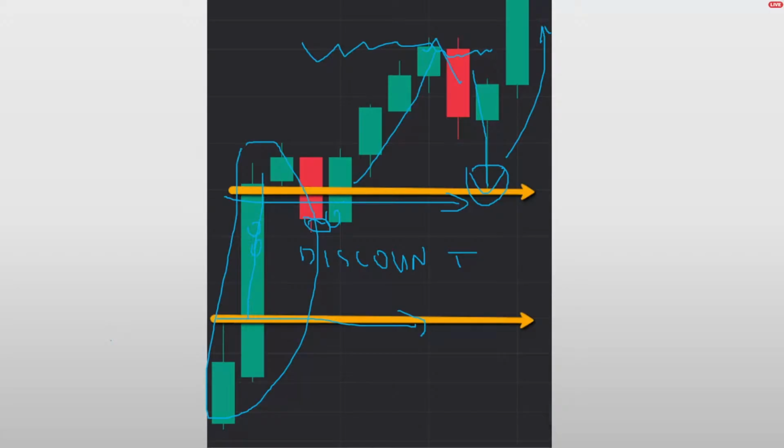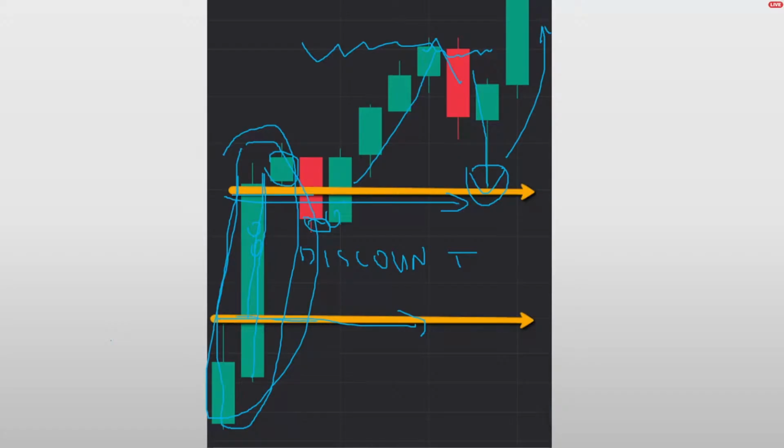So a fair value gap is a 3-candle series that you have here. You have your first candle, and then you have an explosion of the second candle. And then your third candle is the most important. So this develops the gap.